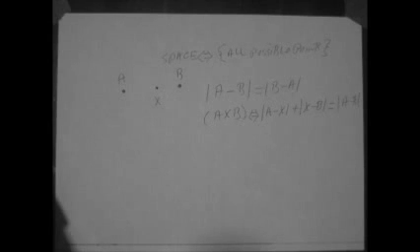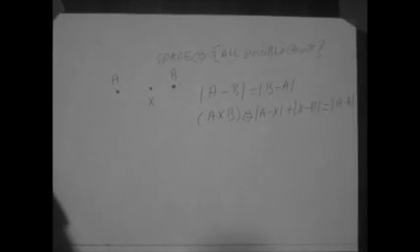The distance from A to X plus the distance from X to B is equal to the distance from A to B.